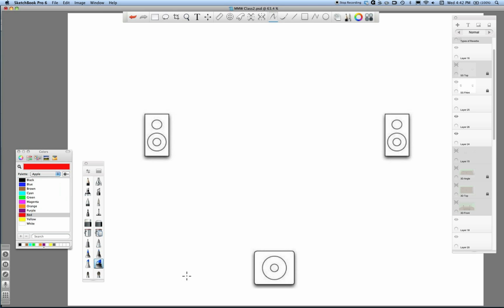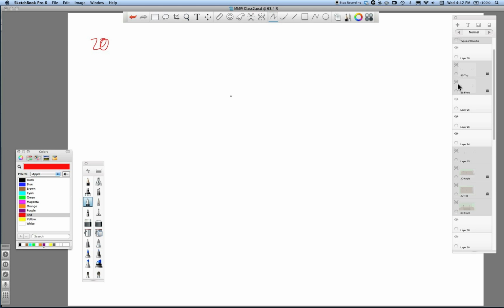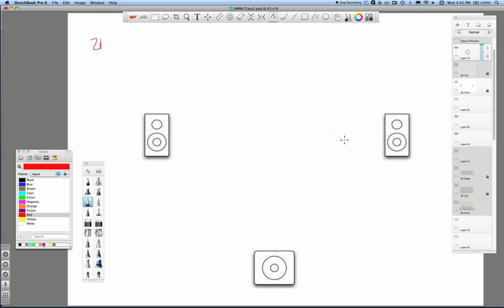Now, the frequency spectrum that we can hear ranges from about 20 hertz. It looks like I have some other window open that's blocking some things here, so let me go to a layer and start there. Our hearing range goes from 20 hertz up to 20 kilohertz.